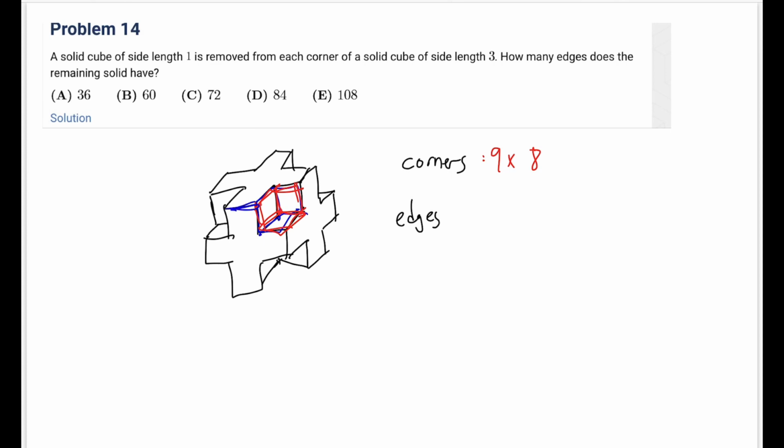They are these lines, and so there will be one edge, like still as if it was a solid cube again. So edges would be just 12, and so this is 72, this is 12. If you add these up, this is 84. The answer is D.